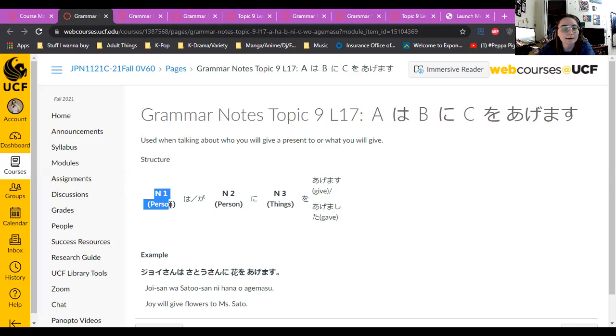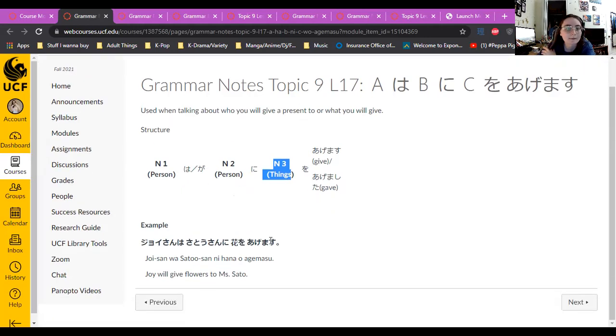So noun 1, which is the person, wa or ga, person 2, ni, and then the thing, o agemasu, or agemashita or moraimasu. Okay, and she has an example. Joy-san wa Sato-san ni hana o agemasu.